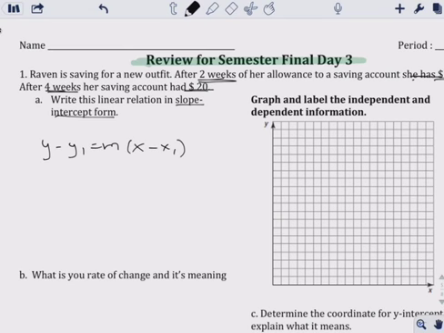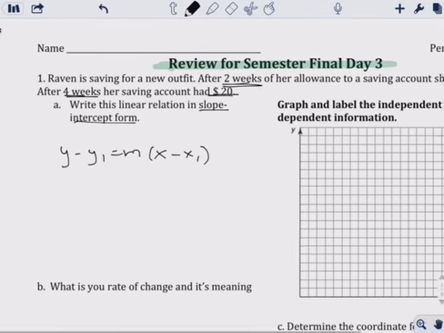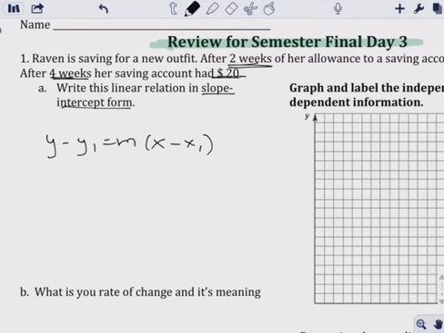Now, in order to write point-slope form, we need to use our information and find the slope.